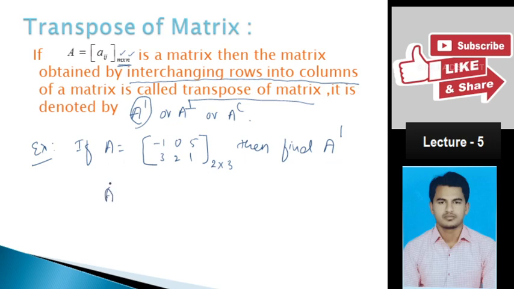So it means I need to interchange rows into the columns. What is my first row? That should be made into a column. Be careful. Write the elements in a row as a column. First row, first column. See here, second row, it means what? 3 2 1. What is the order of this matrix? 3 rows and 2 columns. See here, that should be reverse.